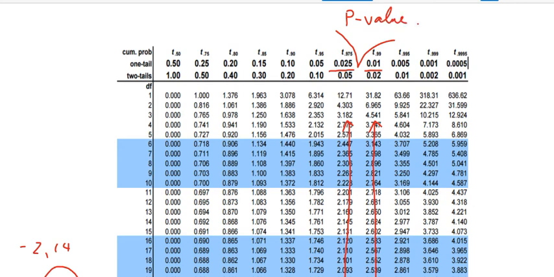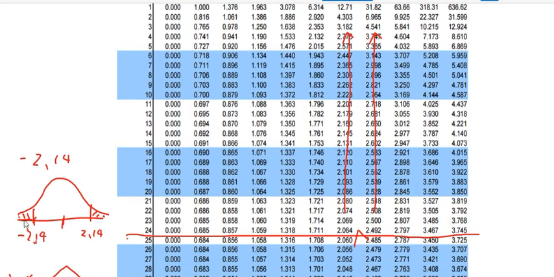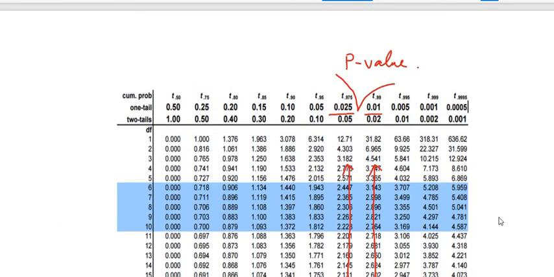Okay, so we can say that our p-value is this probability, right? This or this is the same. So the one tail cutoff point is 2.14. We just check one tail, so it is between these two numbers.